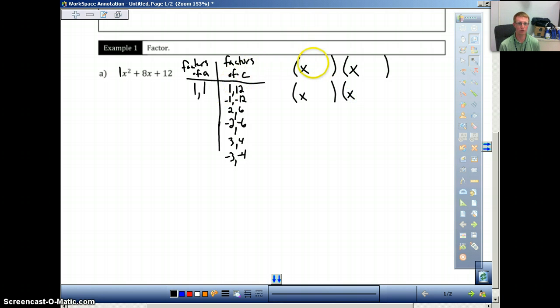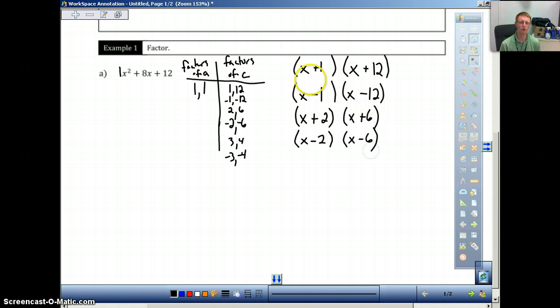And then you would start writing what your possibilities are. 1 and 12, negative 1 and negative 12. Then we could do 2 and 6. And then negative 2 and negative 6.